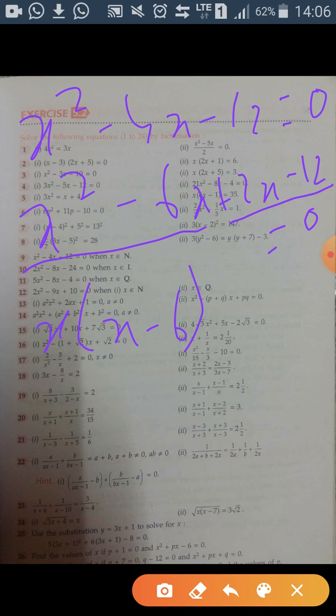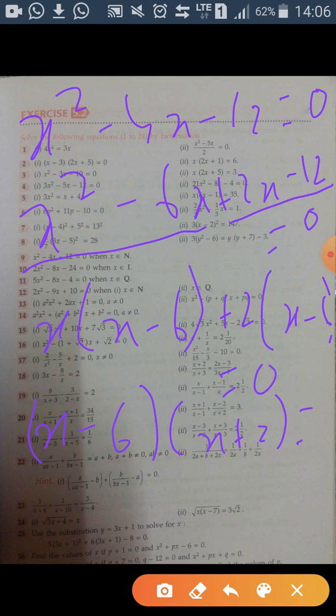From the other two, you can take 2 common: 2 into x minus 6 is equal to 0. So x minus 6 into x plus 2 is equal to 0. From here you get that x is equal to plus 6, and from here x is equal to minus 2.